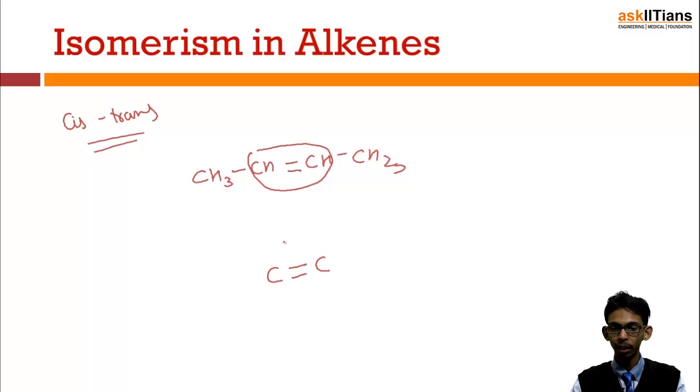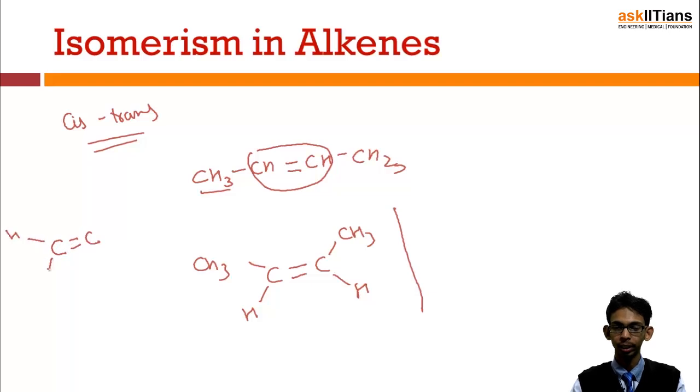Now there is one carbon atom attached to this hydrogen, and similarly one carbon atom attached to this hydrogen, and there is another CH3 group attached to this carbon and another to this carbon. So I can write it in this form. Another way I can write it, C=C, with H here, CH3 here, again CH3 here and H here.